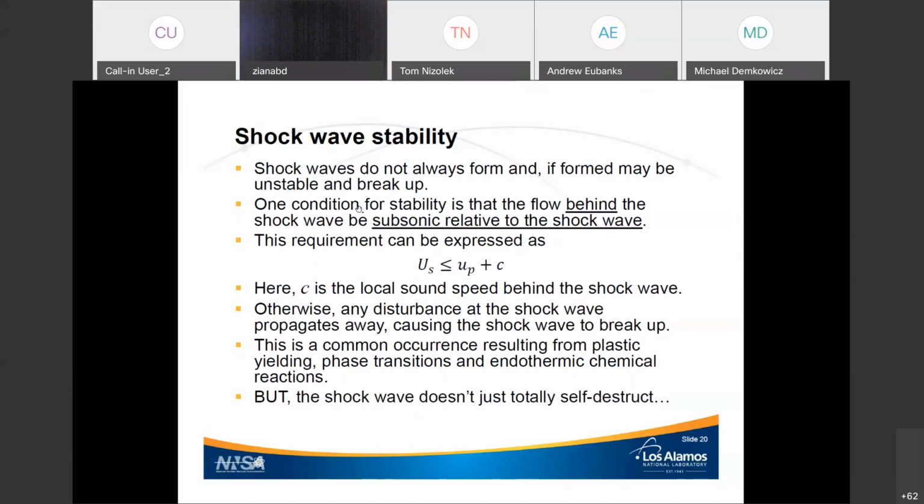I already noted that the flow behind the shockwave has to be subsonic, which means if you were to take a little piece of the material just as it exited the shockwave, and calculate a wave speed with the bulk modulus and Poisson's ratio and all that at the particular condition that the material's at, that wave speed will actually be greater than the speed with which the material is exiting the shockwave.